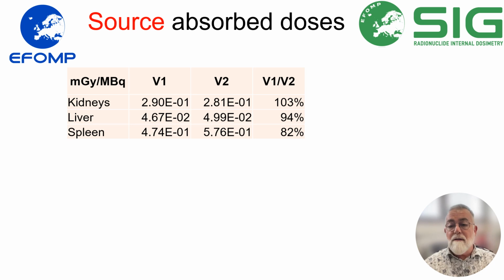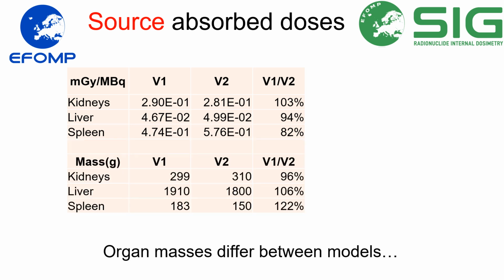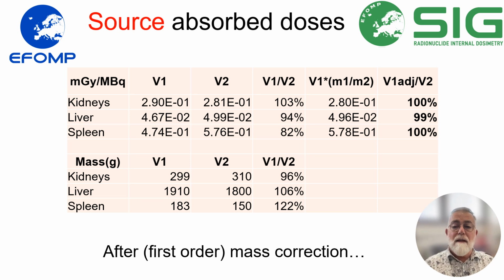We know that we have mathematical and voxel-based models, but then doing a mass correction, as explained in the previous lectures.